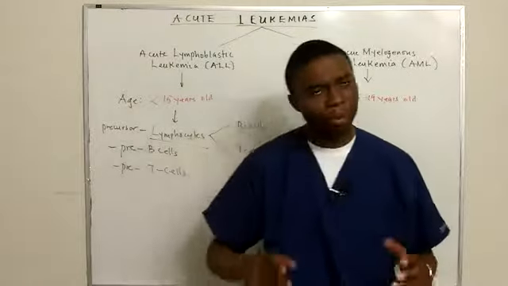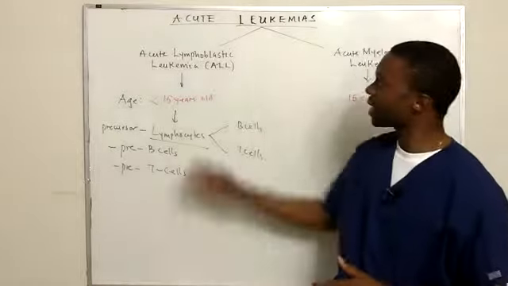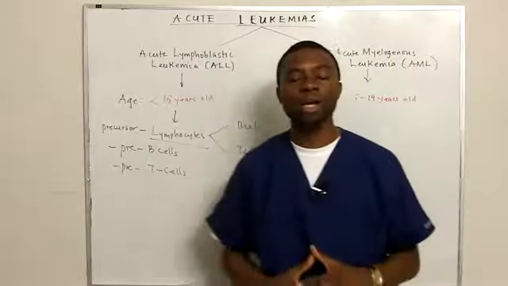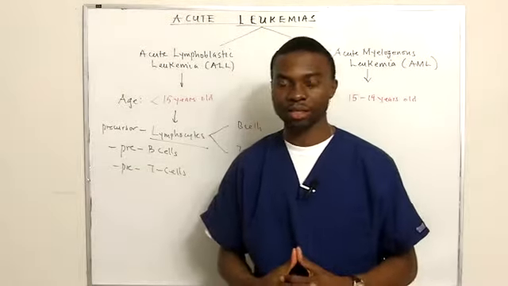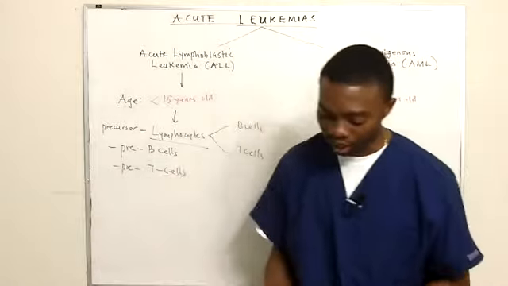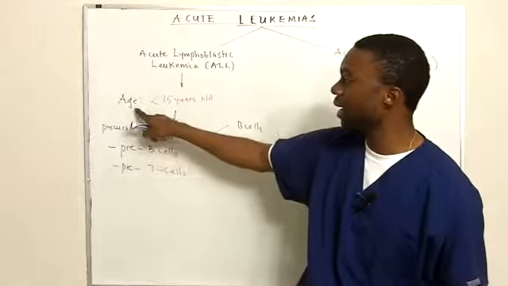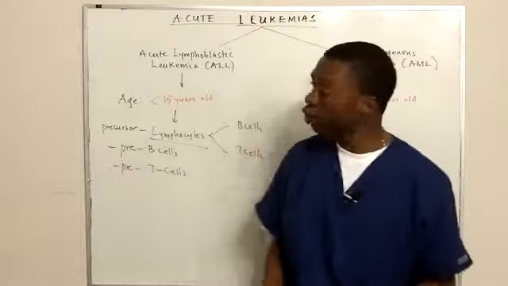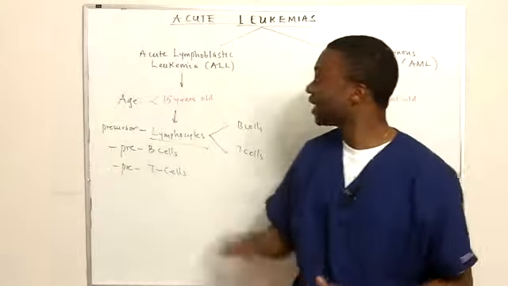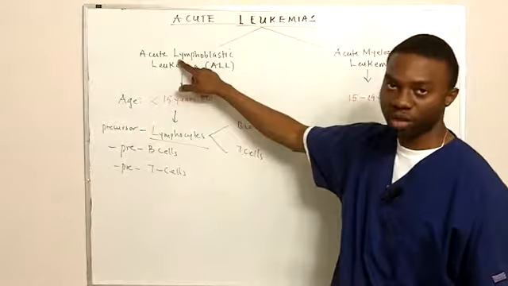But what I also want you to remember is ALL is by far the most common kind of leukemia in the United States. Don't forget that. It's the most common kind of leukemia, especially in those less than 15 years old. Another thing you need to know about ALL is that it loves to respond to chemotherapy.